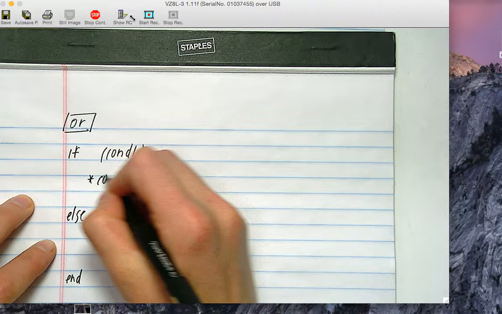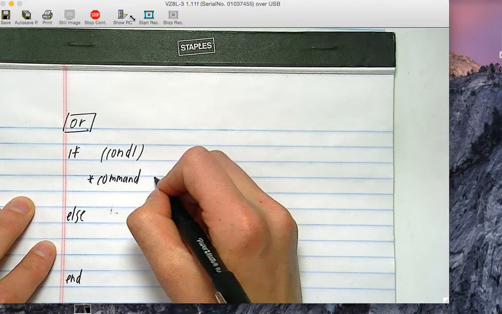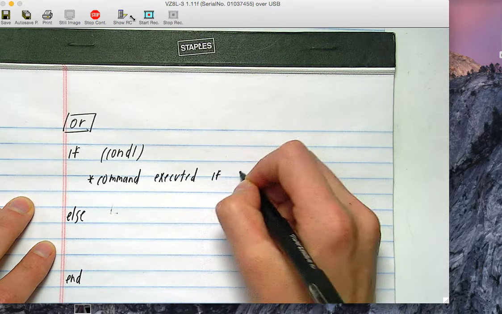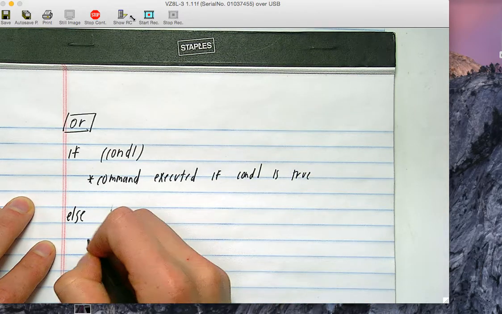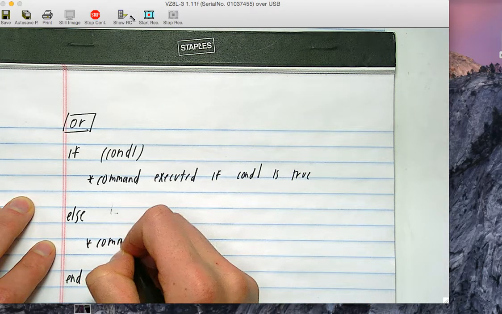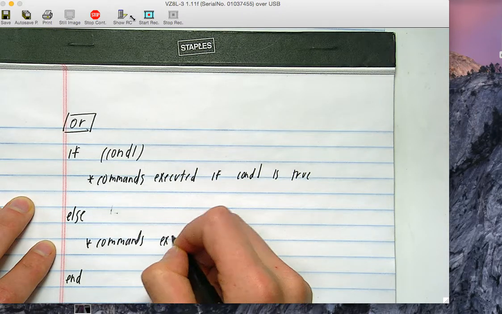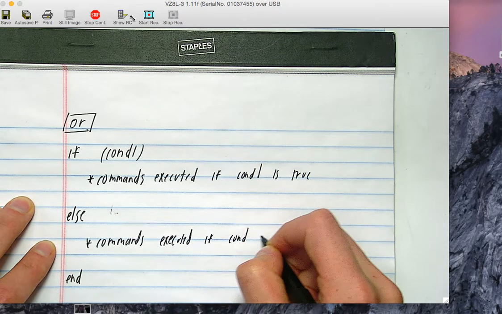Everything between the if and the else is the same as before. These commands are executed if condition 1 is true, and then these commands are executed if condition 1 is false.